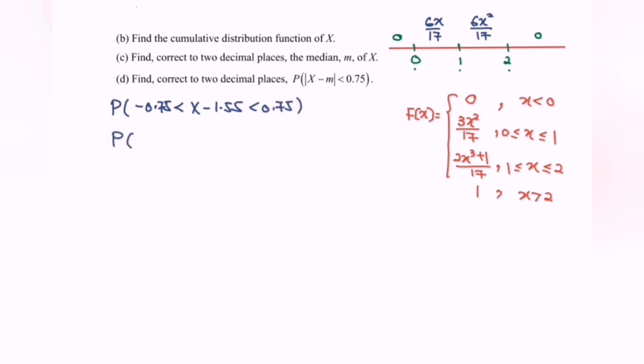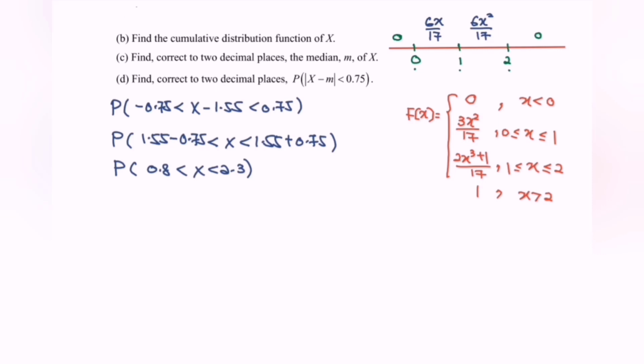So the probability that x is greater than 1.55 minus 0.75 and less than 1.55 plus 0.75. Simplify: the probability that x is greater than 0.8 and less than 2.3.